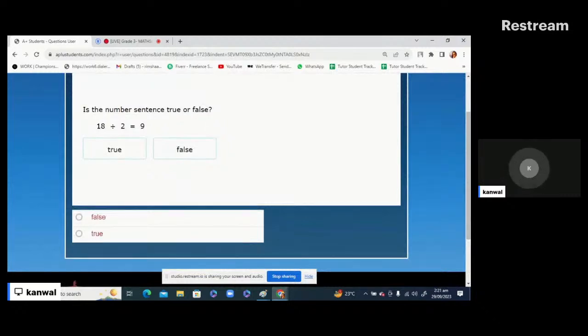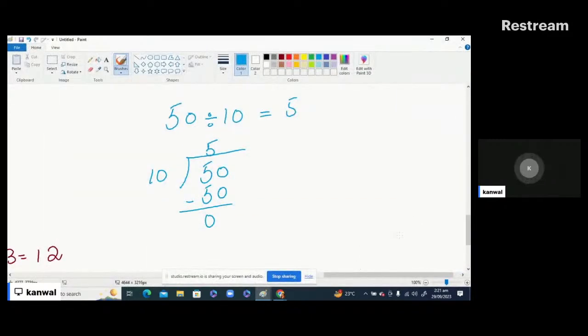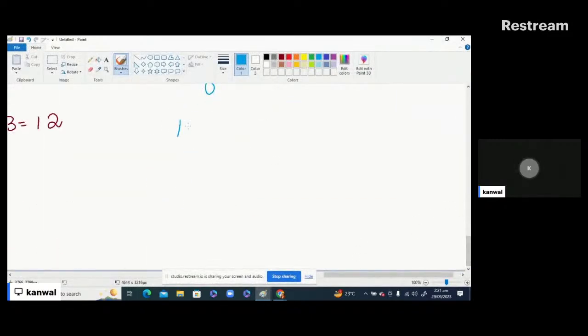18 divided by 2 is equal to 9. Let's solve this question, then check what the answer is.